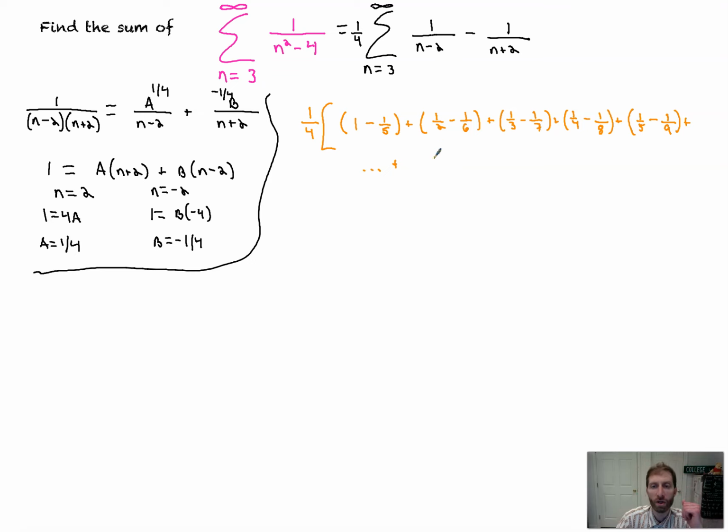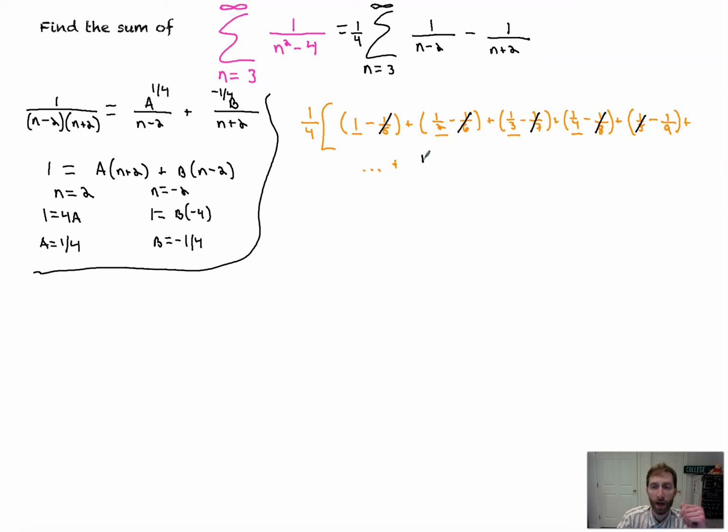I'm okay if you just realize that a lot of things are going to be canceling out here. For instance, the 1's going to be staying, the 1/2's going to stay, the 1/3's going to stay, and the 1/4, because the highest fraction this will ever be is 3 plus 2, or 1/5. So if we notice that, the minus 1/5 and the plus 1/5 cancel. The minus 1/6 will cancel out with the 1/6 that's there. The minus 1/7 with the 1/7, the minus 1/8, and so on and so forth.